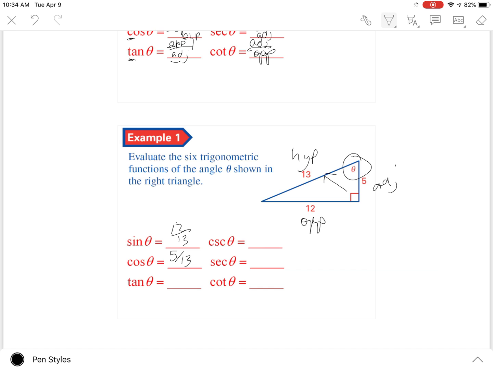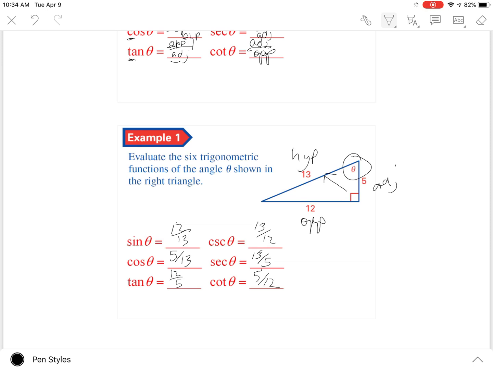And for tangent, the opposite over adjacent. Now, my reciprocal of cosecant would be 13 over 12. I just flipped the fraction. Then 13 over 5, and 5 over 12.